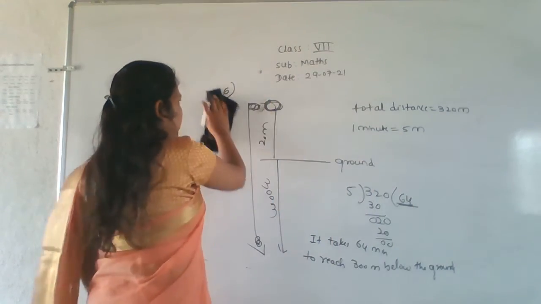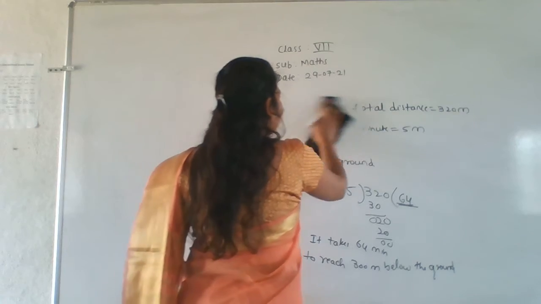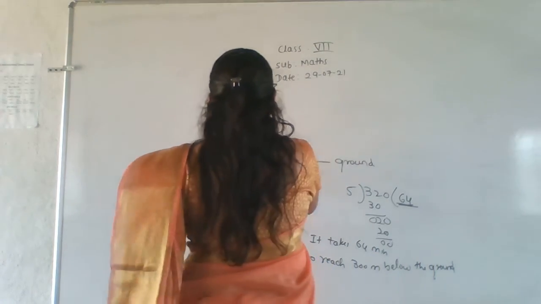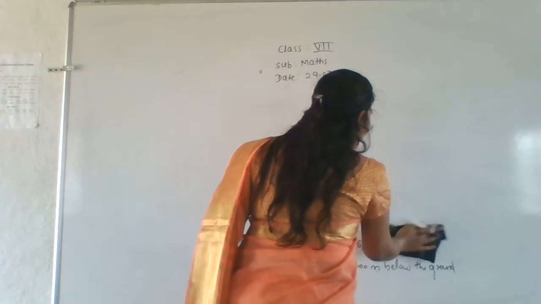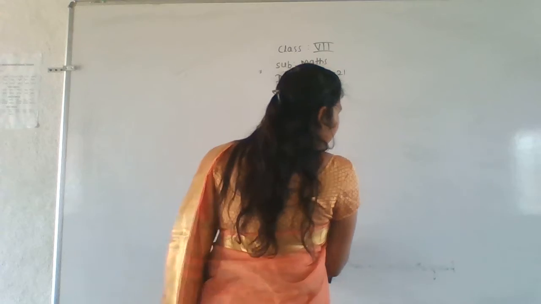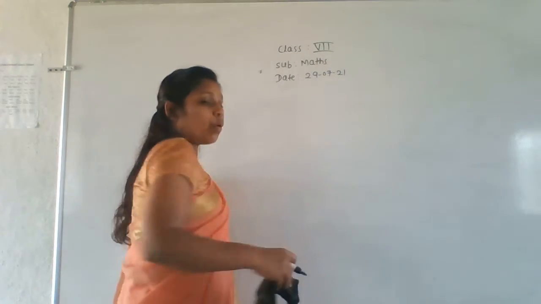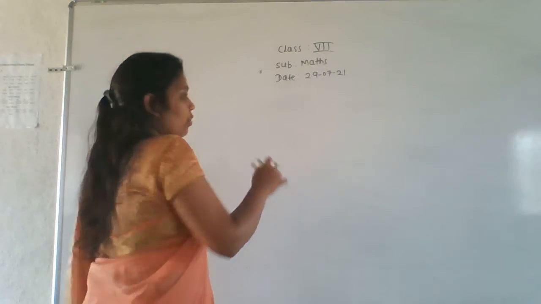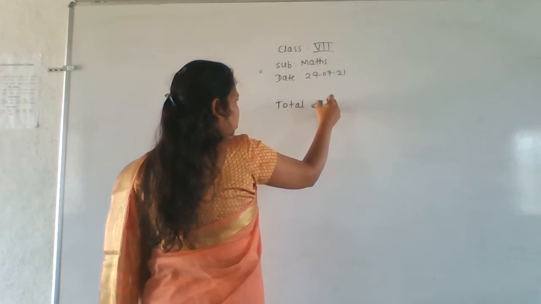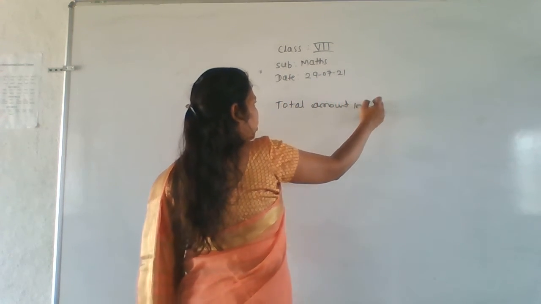We will see the seventh one. First, we have to subtract the 750 and add the 500. Withdraw means it is a negative sign. Deposit means it is a positive sign. So first, the total amount in the account is rupees 2520.